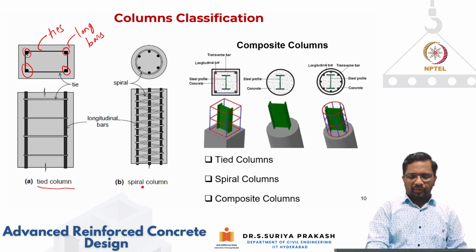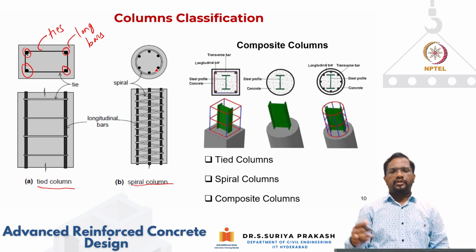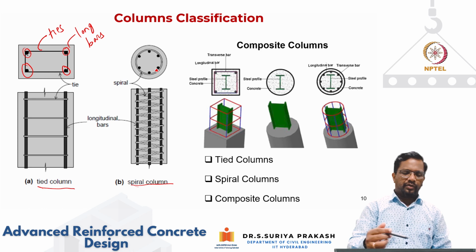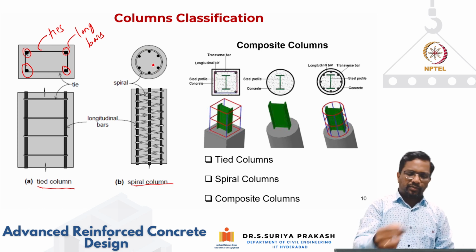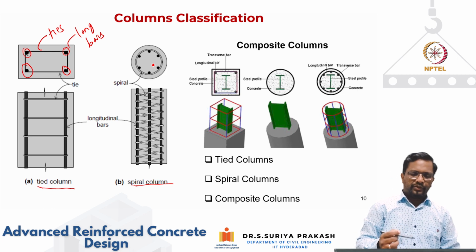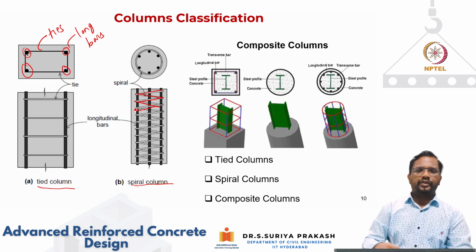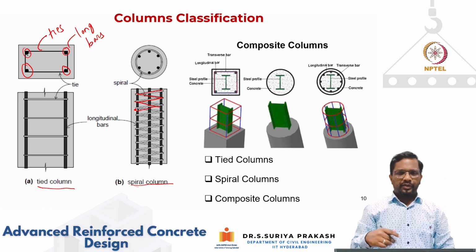Then we have another type of column, the circular column. You must have seen these in bridges or in the ground floor of buildings, where, sometimes for architectural reasons, they go for circular columns. Circular columns can have a spiral reinforcement that goes like this in a spiral fashion. This is a continuous reinforcement.